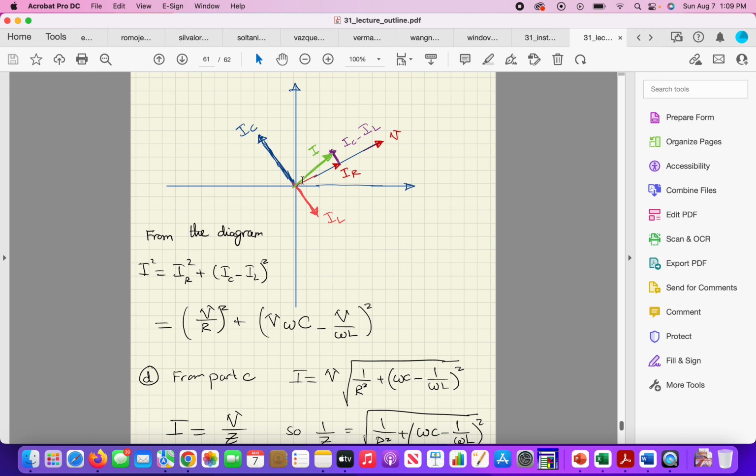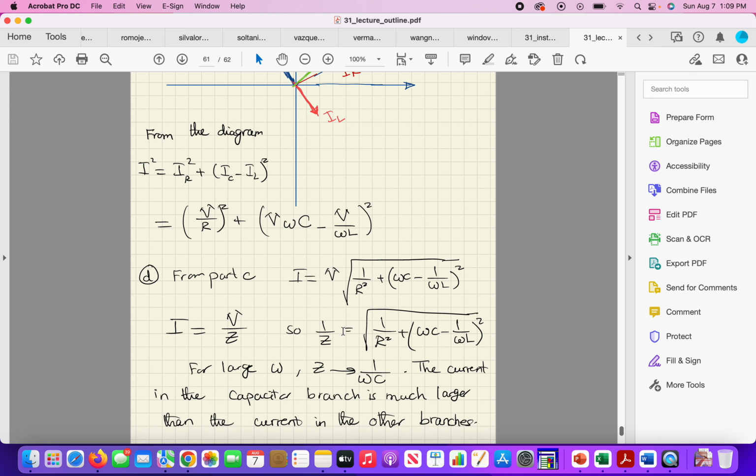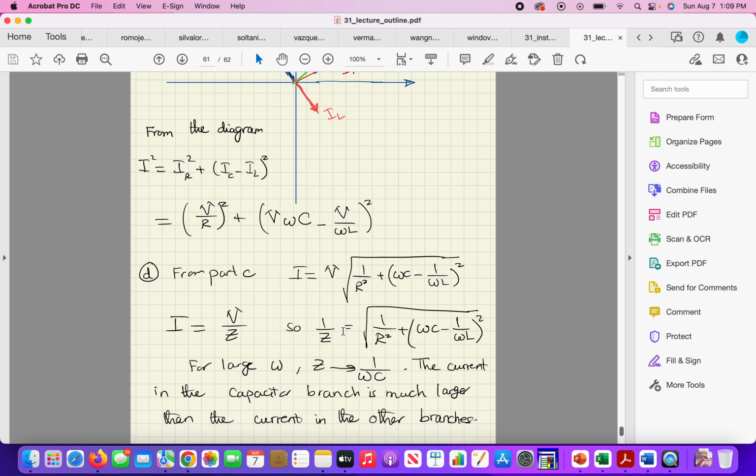When I want to add IR plus IC minus IL, I can use the Pythagorean theorem. Then I squared equals IR squared plus IC minus IL squared. This is V over R, this is V omega C, and this is V over omega L, squared. And this is the verification for part C.